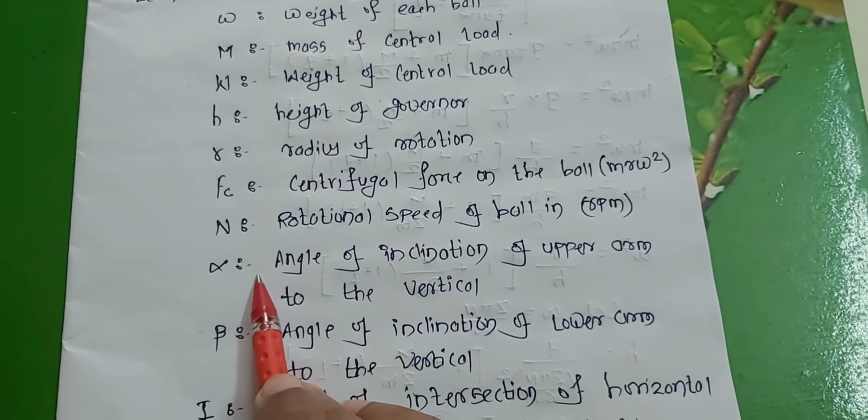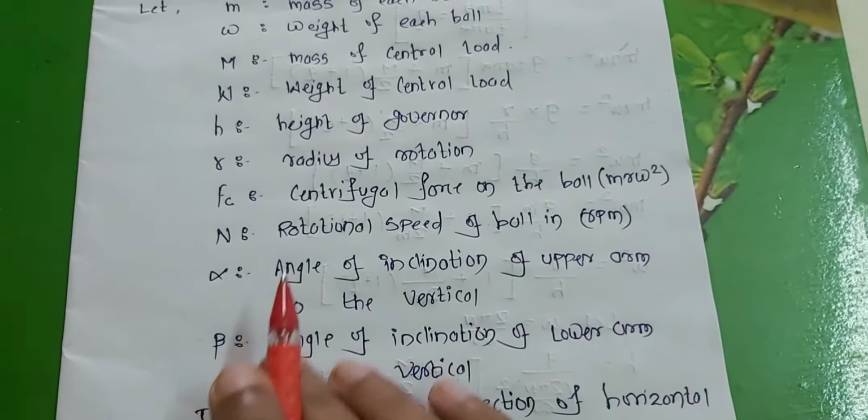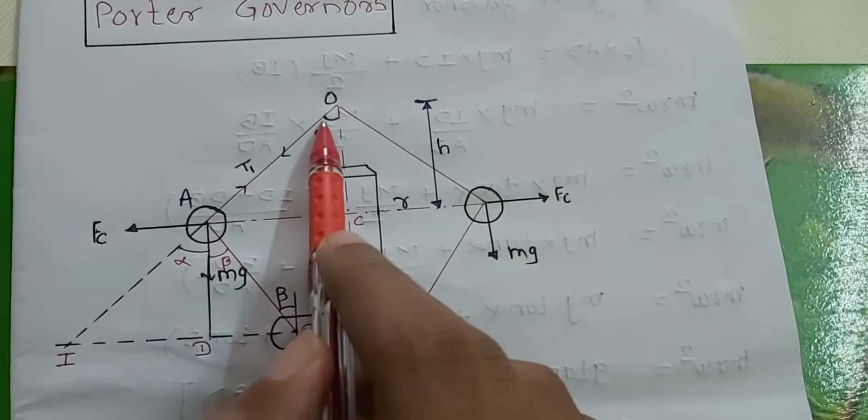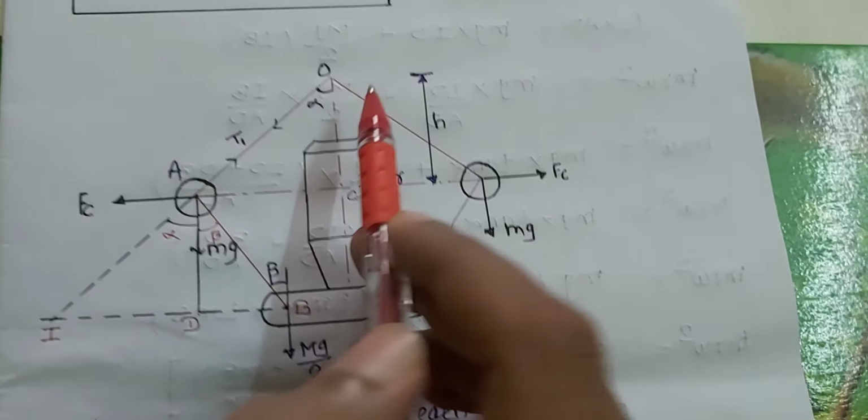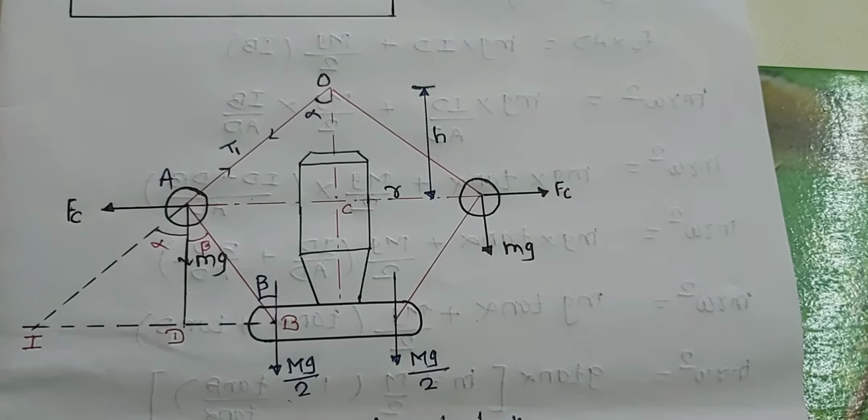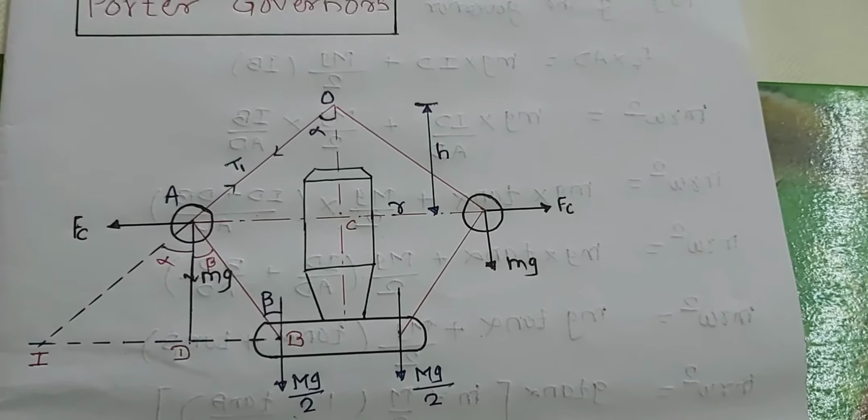Then alpha. Where is alpha? Alpha is the angle of inclination of the upper arm to the vertical. These both are my upper arms. Next is beta. Here is my beta angle. It is the angle of inclination of the lower arm to the vertical.